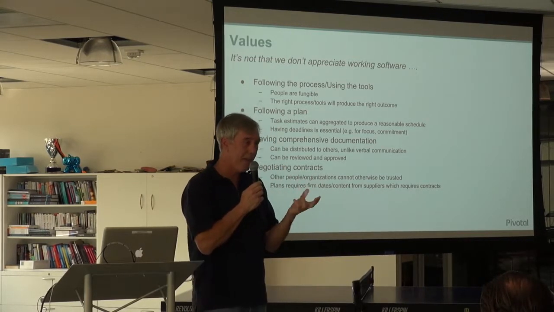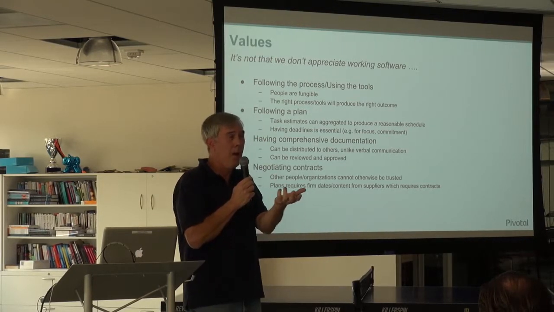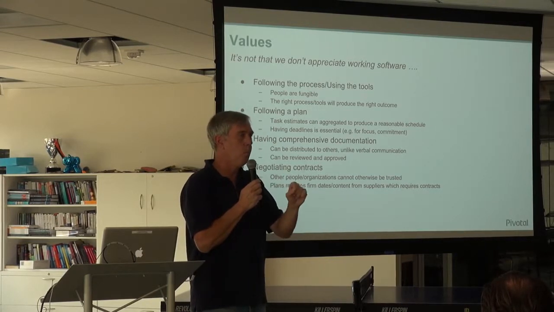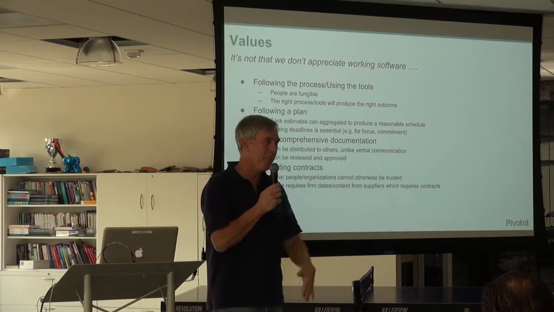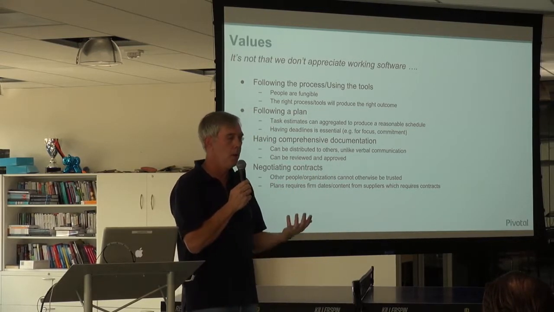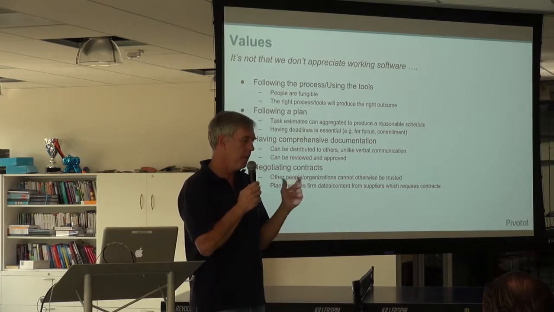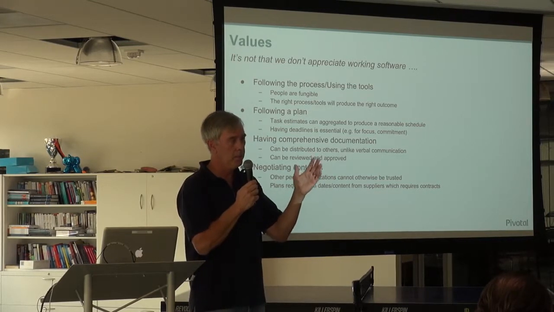So the batch size for an office building is in some sense the whole office building, right? You can't build one floor. Well, I guess some of this is going out, they get built up from the bottom. But there are some things you have to do the whole thing at once. And that's the way I tend to think of this in terms of the basic notion of requirements and design, code and test.